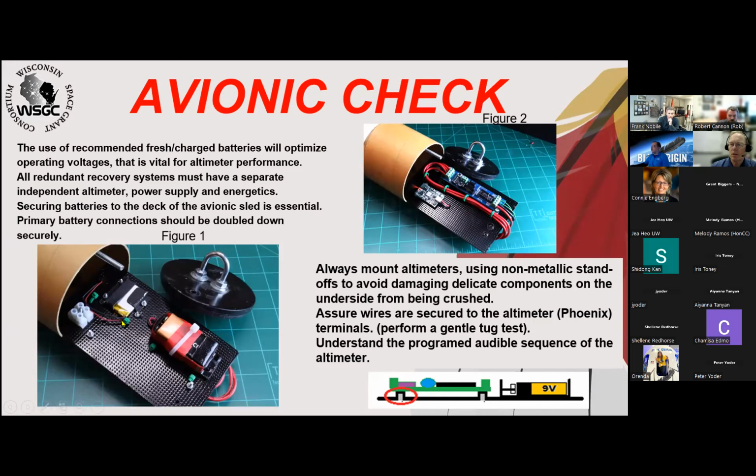As you can see in this picture here, we have a 400 milliamp LiPo battery, which is strapped down by a 3D printed envelope right here. And in figure 1 here, we also have a 9-volt battery strapped and taped. Always double down on batteries and components that you think are going to be flying out.